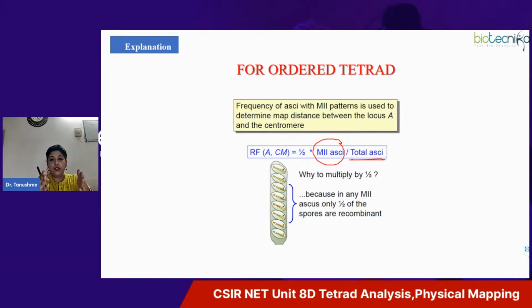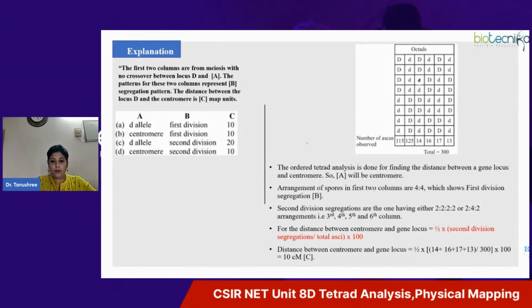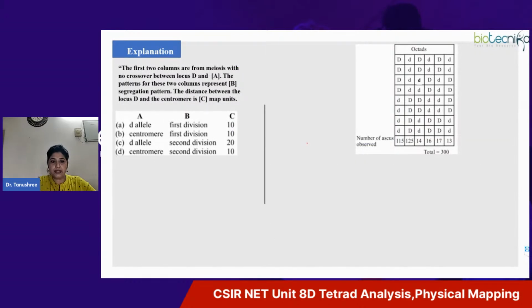If there is no crossing over, you are again getting non-recombinants, so you have to include them as well. In M2 SK, only when there is a crossing over happening, that case you have to consider. And even in M2 SK, we are multiplying it with half because only half of the spores are recombinant. Okay, so I hope you can answer the question now. Okay, Murchana, you are saying option B.